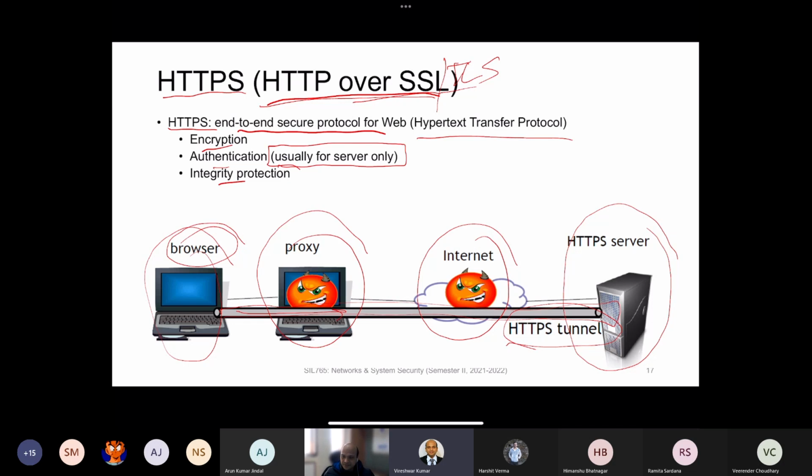The client is typically not authenticating. There may be other mechanisms utilized by the server to authenticate the client, and one of the mechanisms would be username and password based authentication. But that is different; this is not part of TLS. Okay, so that is the only thing that I want to talk about HTTPS.